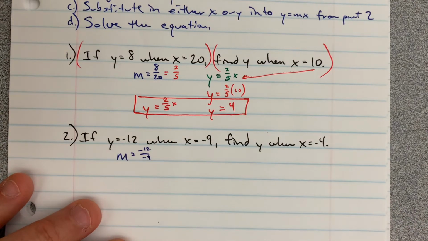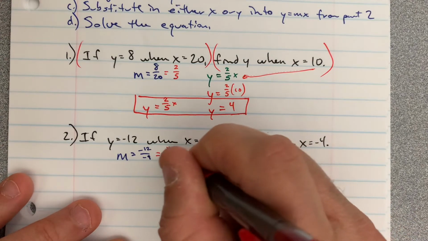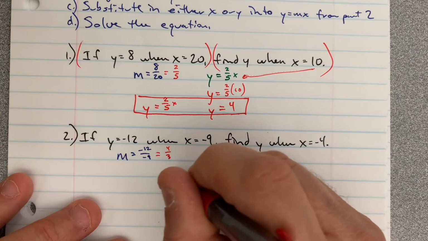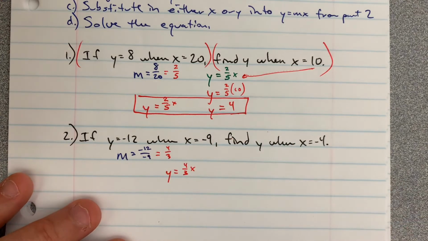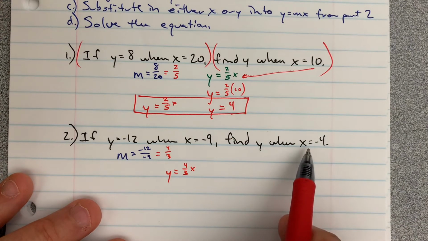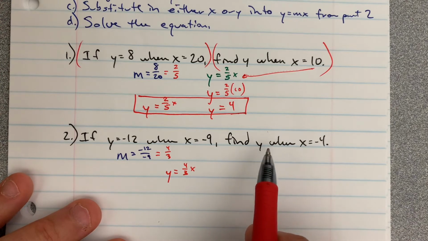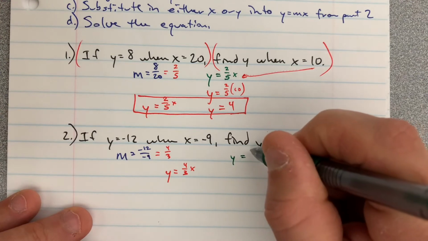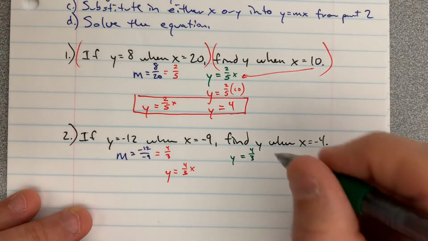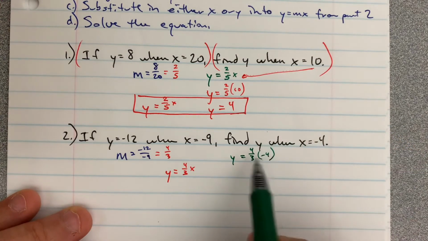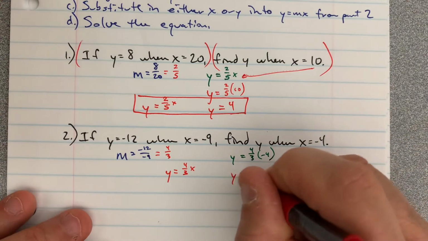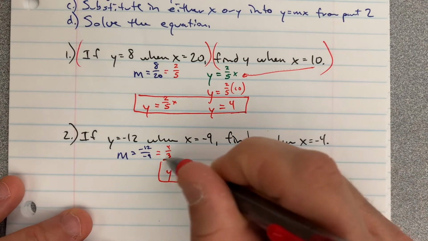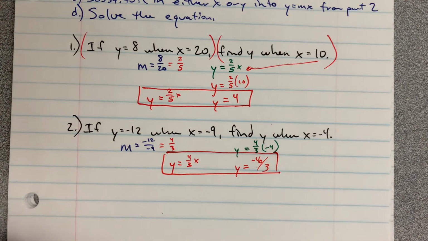So I can simplify that to 4 over 3. If I plug it into the formula, it becomes y equals 4 over 3 x. Then it says find y when x is negative 4. That's the second part. Y equals 4 over 3, x is negative 4, so I'm going to multiply that by negative 4. And when I do that, I'm left with y equals negative 16 over 3. Not the nicest number in the world, but an answer nonetheless.